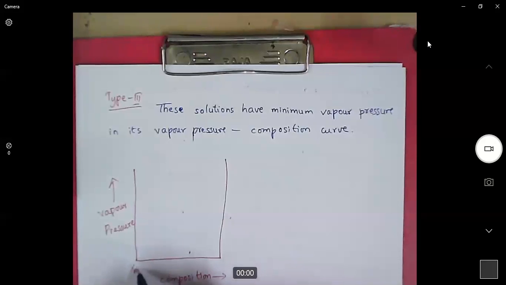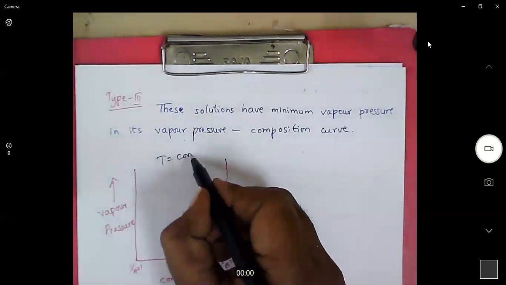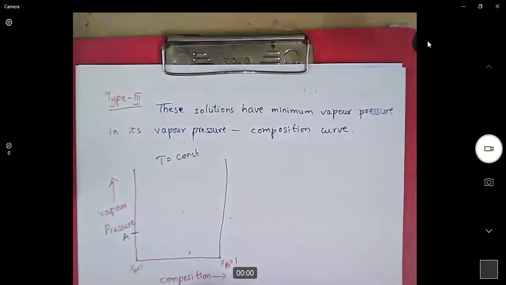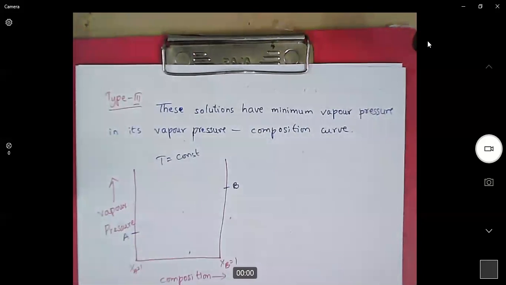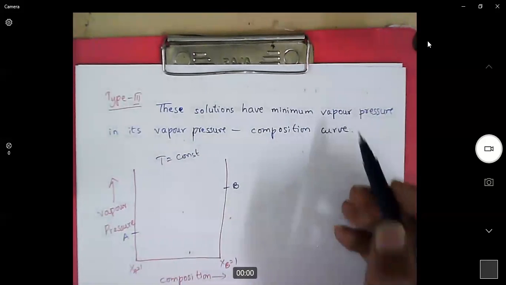This side we represent pure A, this side we represent pure B. Here temperature is constant. For example, if this is the vapor pressure of pure A and this is the vapor pressure of pure B, then what do type 3 solutions do? They will show a minimum in the vapor pressure.